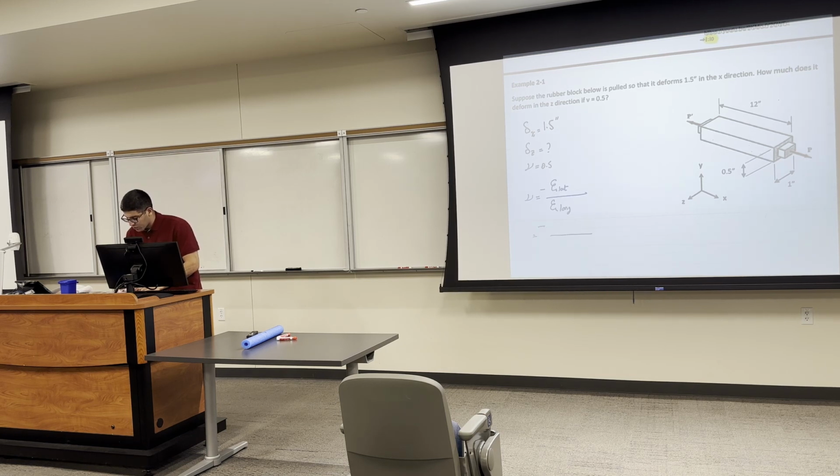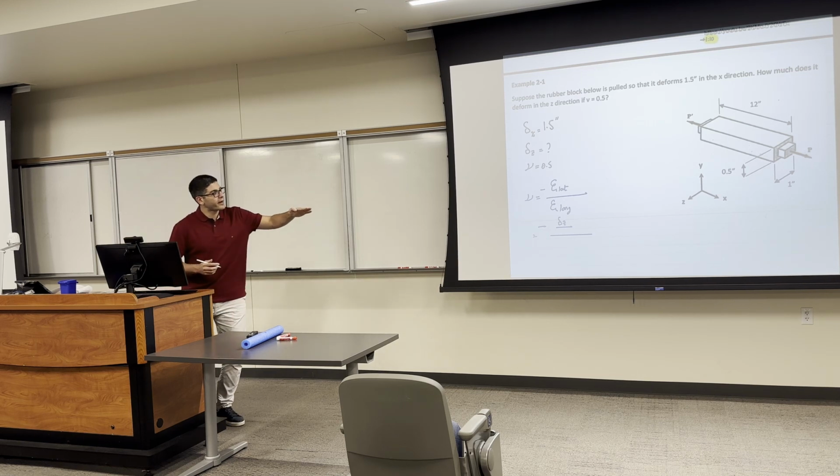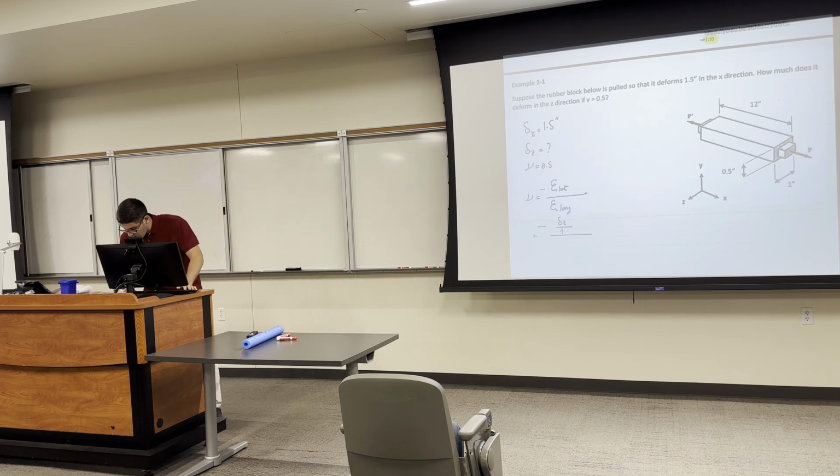And the epsilon lateral is equal to delta z over the original length in the z direction. What was the original length in that direction? It was 1 inch. I will write here 1 inch.